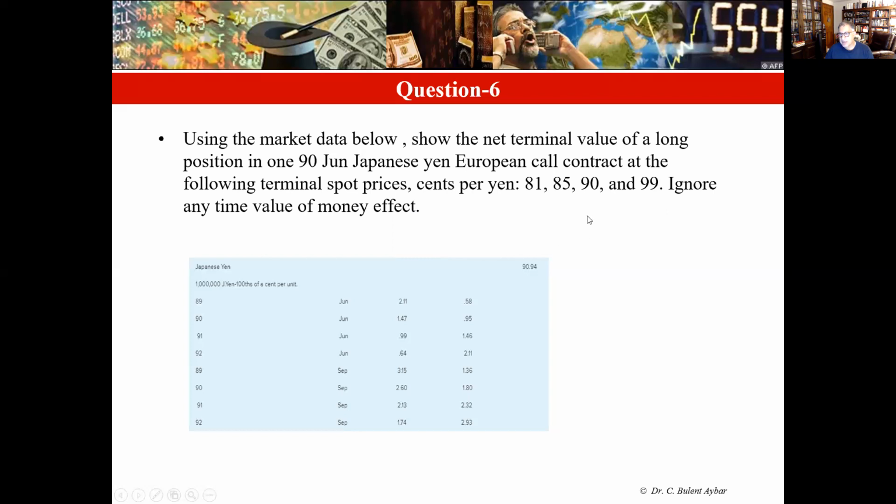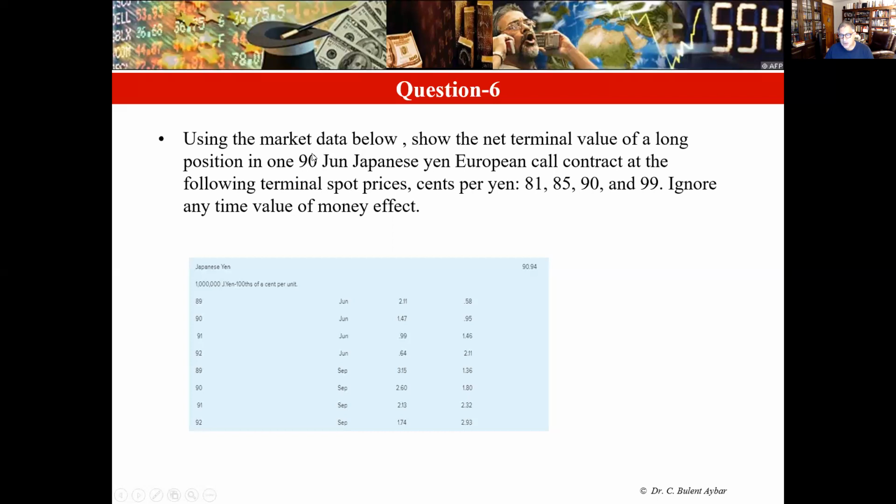So we can ignore that and assume that the premium that we paid has the same dollar value at the time of expiration and do the math based on that. But in reality, if we paid the premium 3 months ago, we need to actually account for the time value of that premium at the expiration. In this particular case, we will ignore that and do the calculations based on the same dollar value.